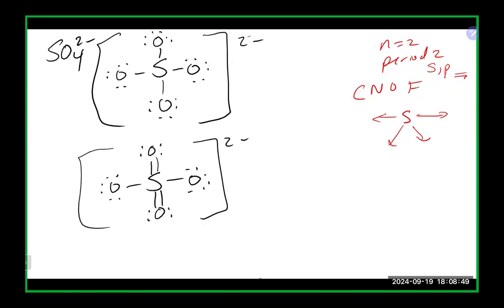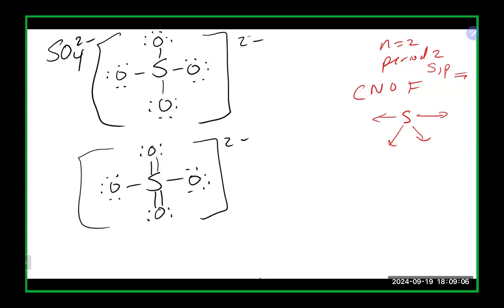A teacher would know because in the previous class you didn't do expanded octets, and there should be no reason for it to have double bonds. So they probably know you just looked it up on the computer. It is perfectly fine in that situation as well. It's a perfectly good structure.